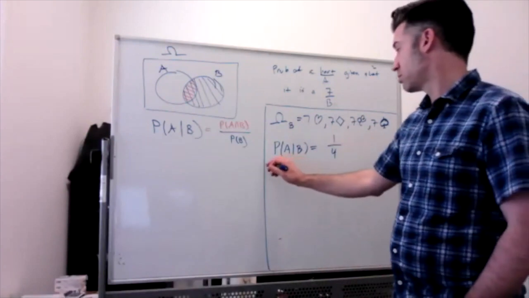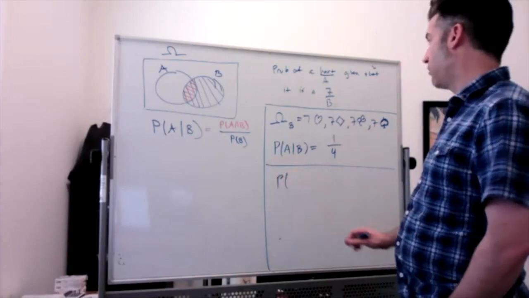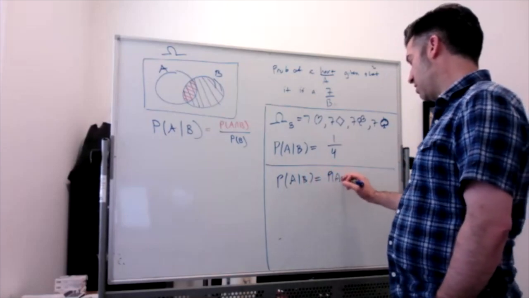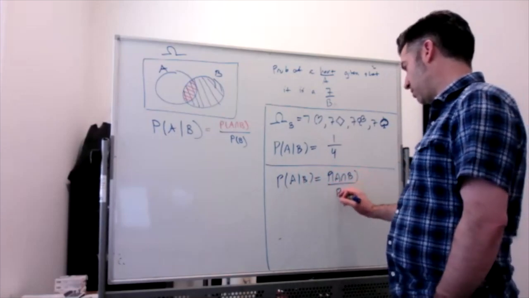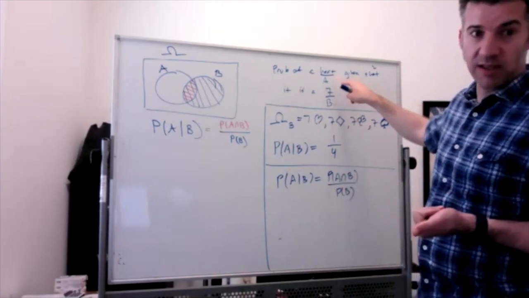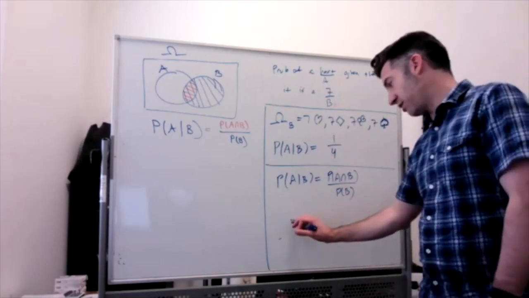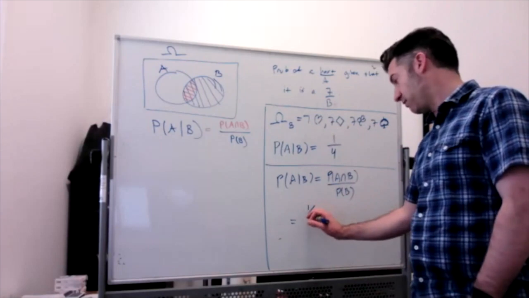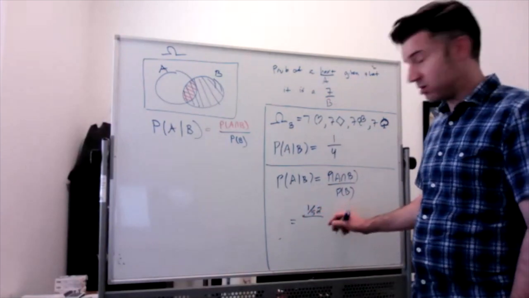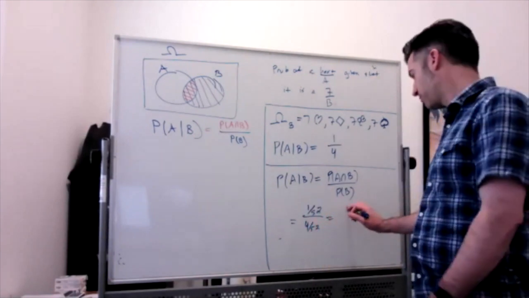Or we could say it's the probability of A intersect B divided by the probability of B. A is that you're a heart, B is that you're a 7. There's only 1 7 of hearts, so the probability of getting a 7 of hearts is 1 in 52. Divided by the probability of getting a 7, which is 4 out of 52, which is 1/4.